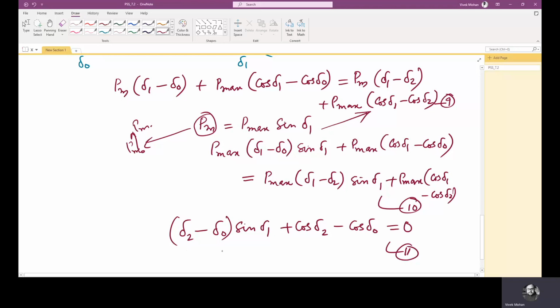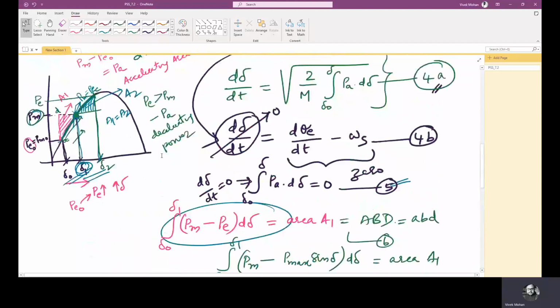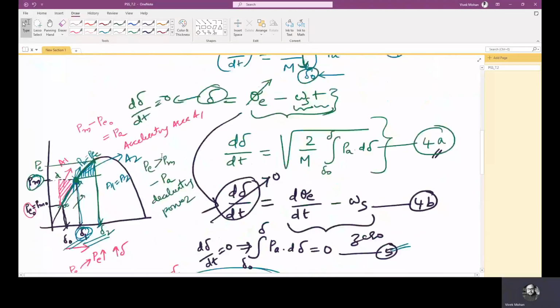This is the final equation corresponding to the stability condition, area 1 equals area 2. Using this concept we can find the maximum permissible value of del for which the system will be stable. We'll see that using some numerical examples.